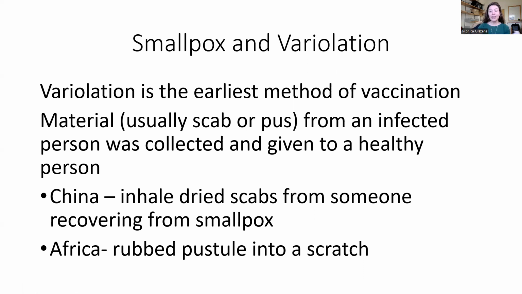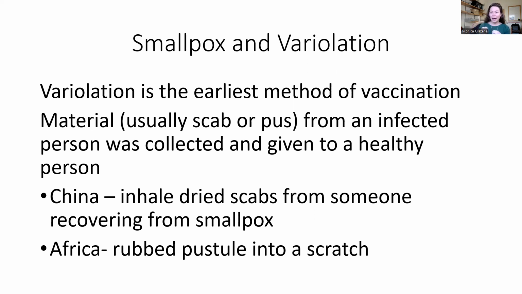This had a variety of results. In China, it was pretty common to inhale dried scabs from someone recovering from smallpox. Sometimes that would activate the immune system properly. Sometimes that would give the person smallpox.